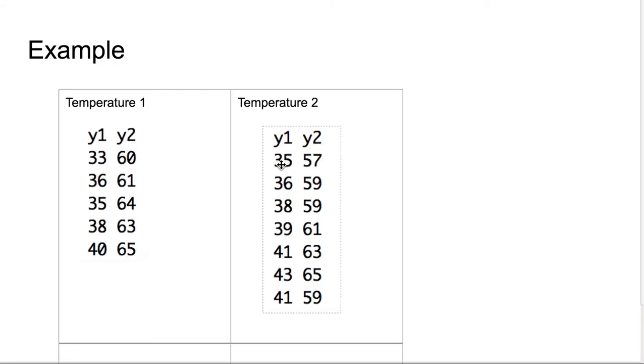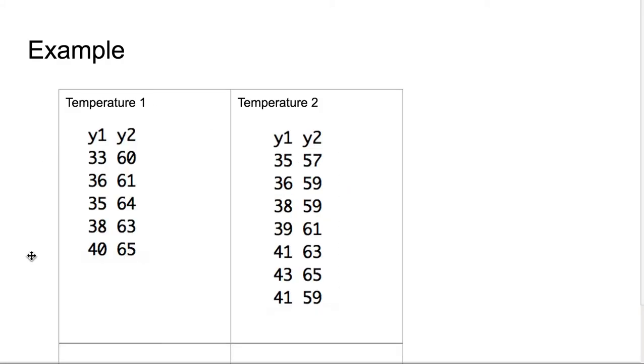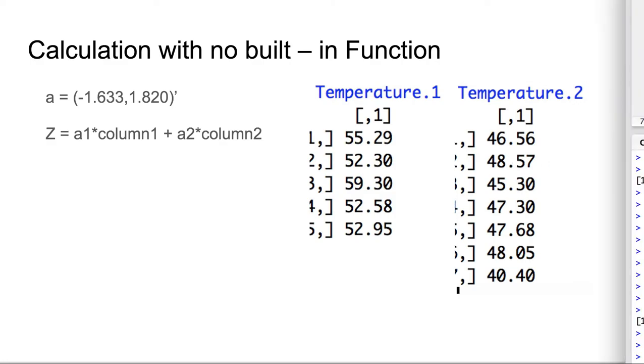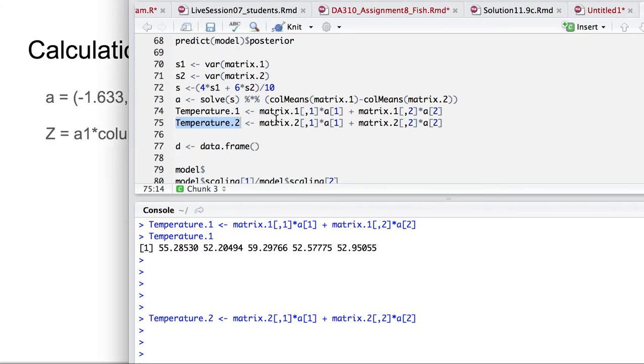For example, the 35 times the element 1 in the matrix, plus the 57 times A2, that is 1.82. And then you will end up with the z-score for temperature 2. So this is how I calculate the scores for the two matrices without a built-in R function.